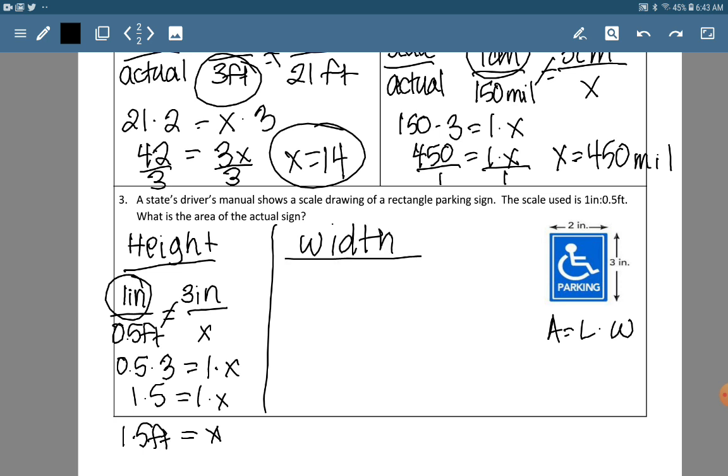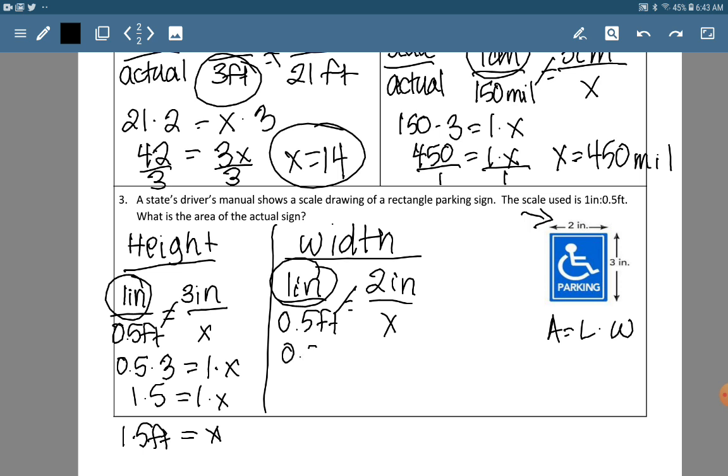I'm going to do the same thing. And it's the same scale, so you're still going to know that 1 inch represents 0.5 feet. But this time my width of this sign up above here says it's 2 inches long. So 2 inches is going to go on top, and I'm going to figure out what my actual width is of that sign. I solve it the same way. Cross multiply and divide.